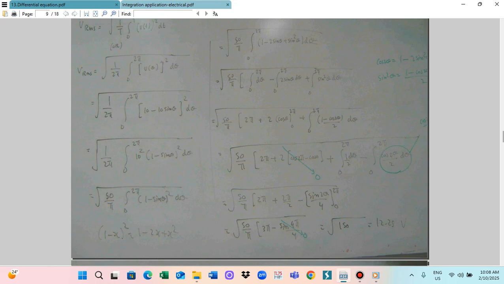For 2 sin theta d theta, the integration of sin gives positive 2 cos theta, from 0 to 2 pi. We cannot directly integrate sin square theta, so we substitute: sin square theta is equal to 1 minus cos 2 theta by 2, so integration 0 to 2 pi of (1 minus cos 2 theta) by 2 into d theta.